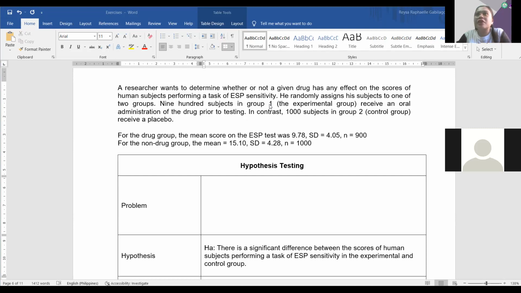Kasi kung iisipin nyo class, when you are going to make a conclusion, remember z-test, z-score is for comparison. So paano ka makakakuha ng conclusion ngayon na the given drug has effect on the scores? Paano natin siya makukuha using the z-test? So kailangan compare muna natin. So after comparing, maggagawa tayo ng conclusion later.